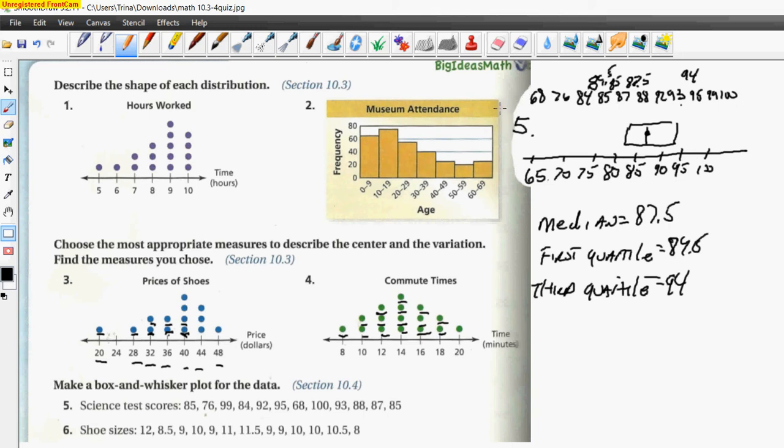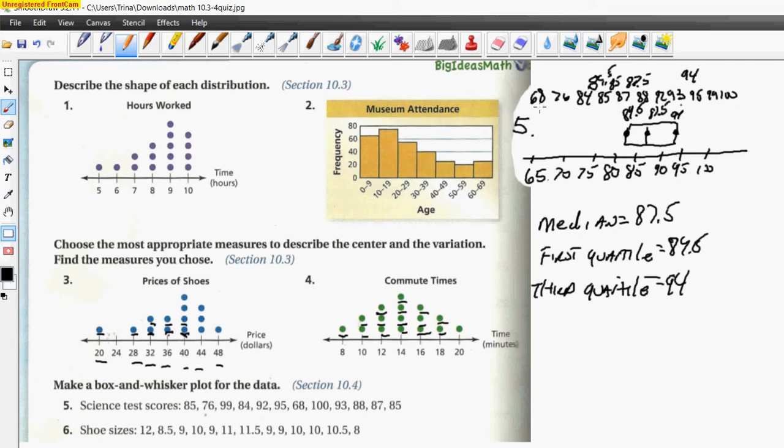And then we have the next one, which is, I'll put a dot, but I'm going to write it down for you also. 84.5. So I'll write that down now. 84.5. And then 87.5. And then finally, we have that fantastic number of 94. Put a number right here for you so you can see it.